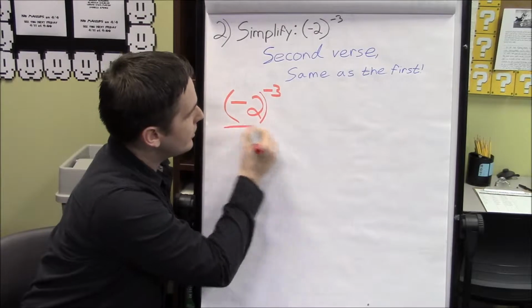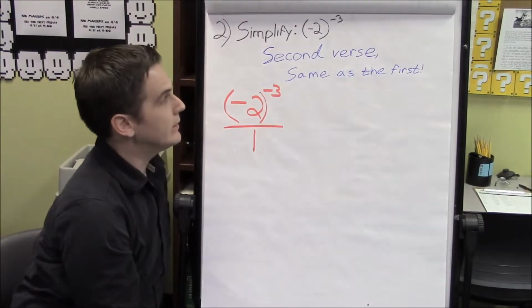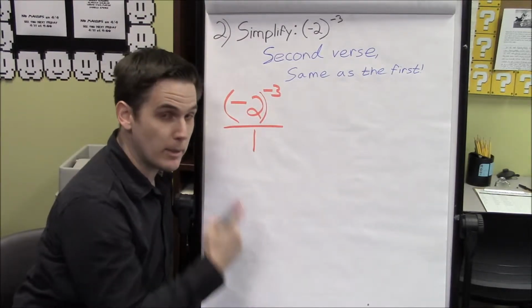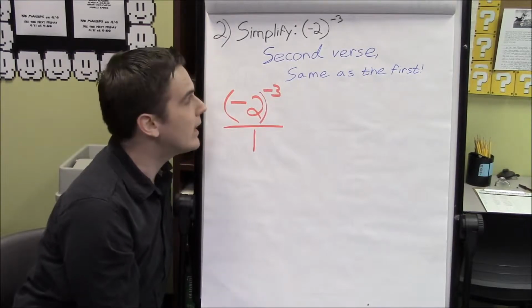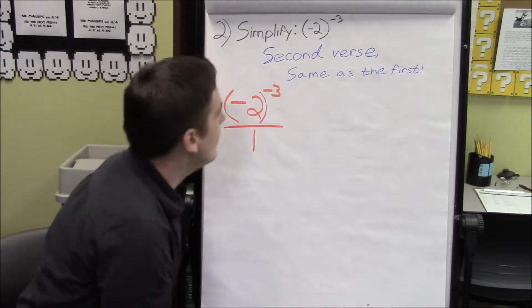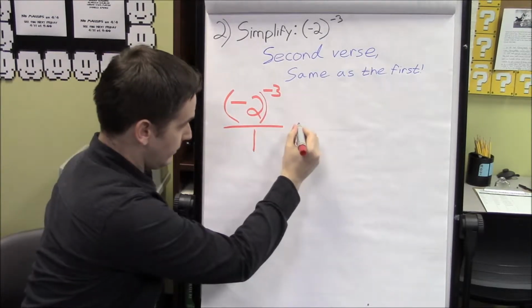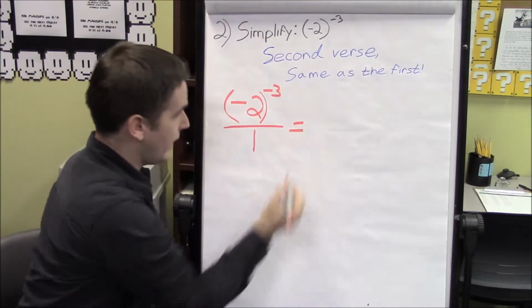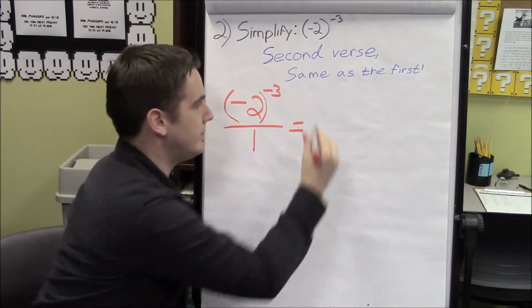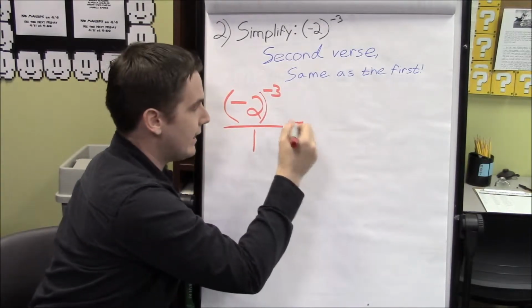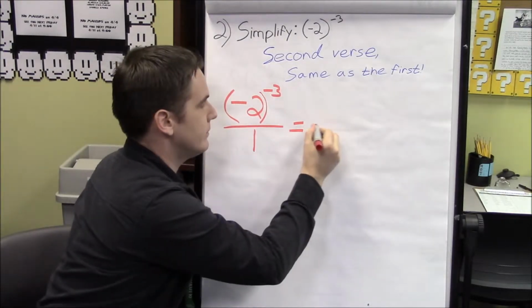Next step is to continue putting it into a fraction if it's not a fraction already. Some of them will be fractions already, and you'll see how that works later on tonight. Now the next part is to multiply by 1 anything that isn't just 1 by itself.